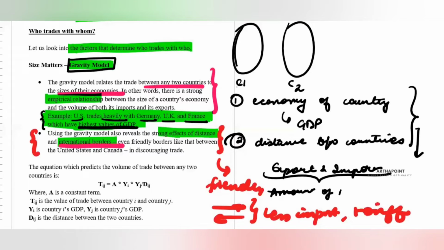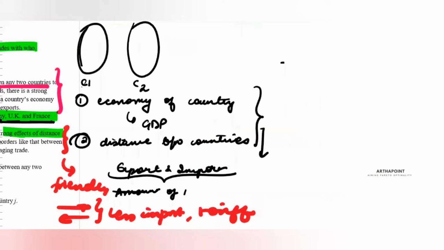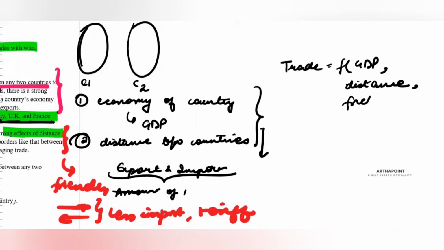So from the empirical data, the US trades heavily with countries that have high GDP, which means trade is a function of the GDP of the countries, and it is also affected by the distance between two countries and how friendly their borders are.